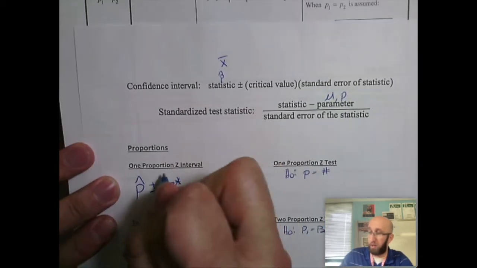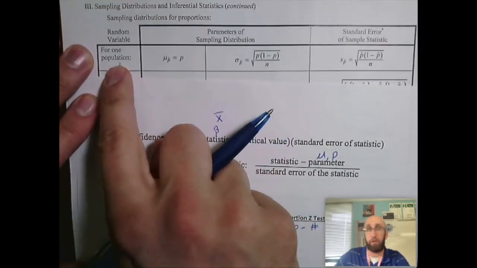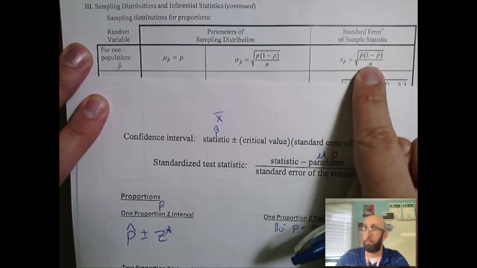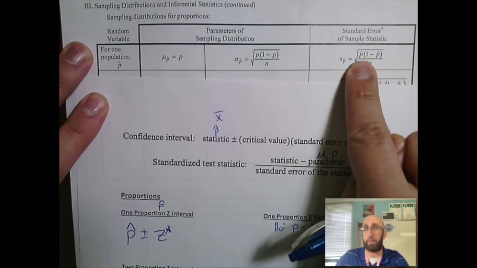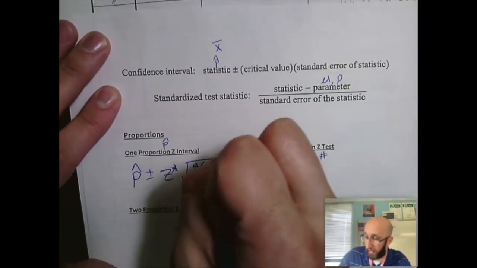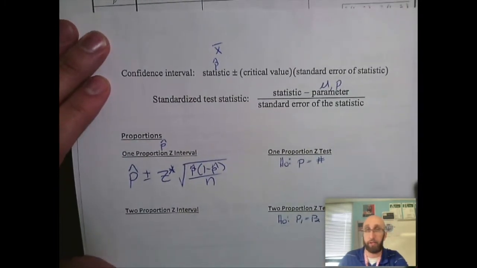With a 1 proportion z interval, we don't know p. All we have is the information about p-hat. So if we go to the 1 population, a single proportion, standard error of the statistic, there it is: square root of p-hat, 1 minus p-hat, divided by n. That is what's going to go here. There's your one proportion z interval.